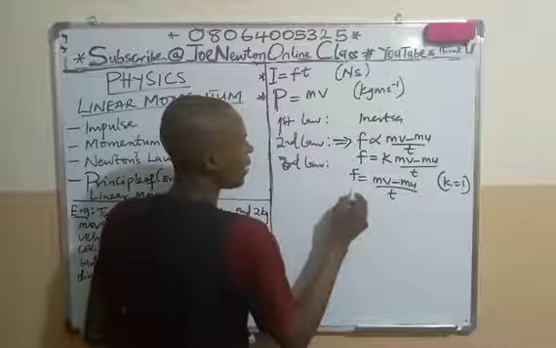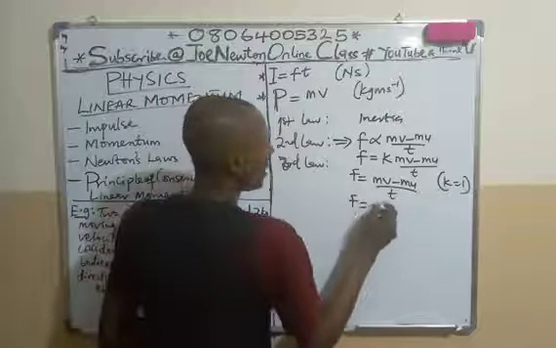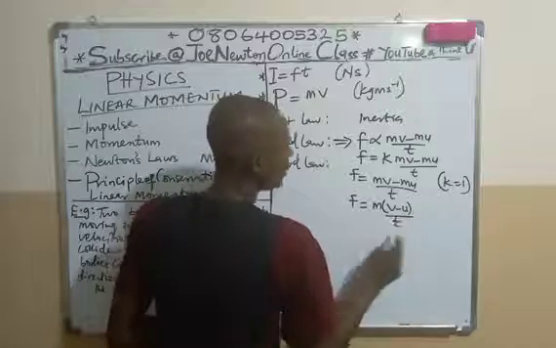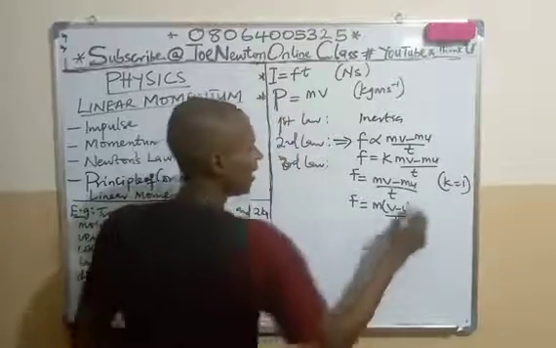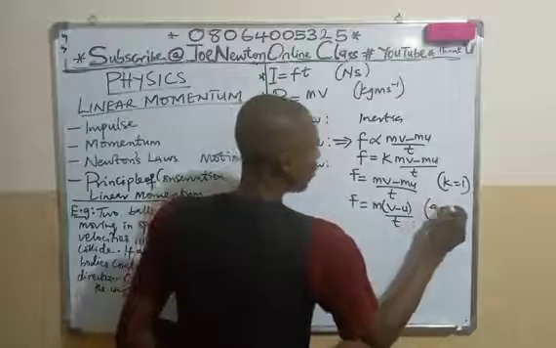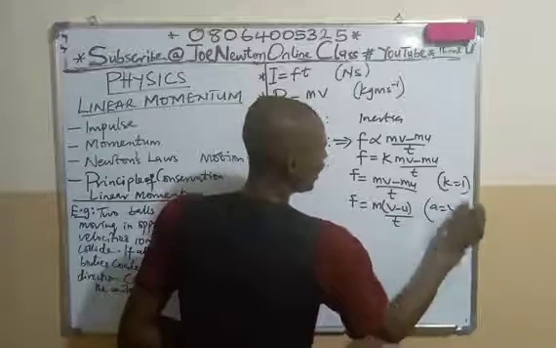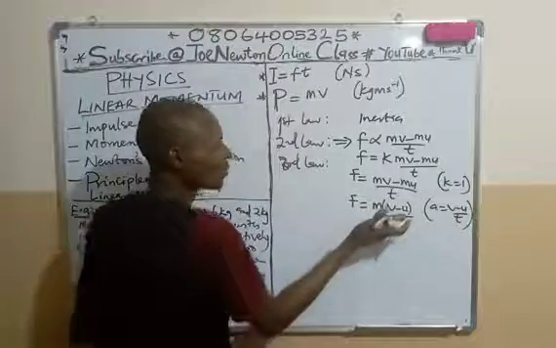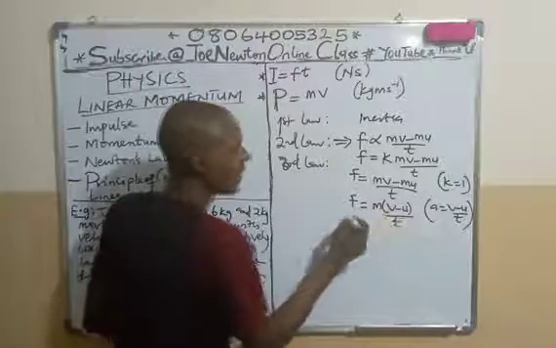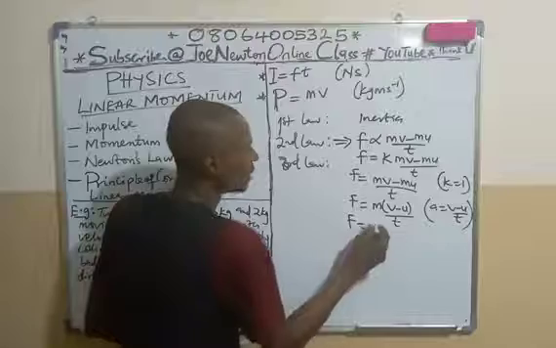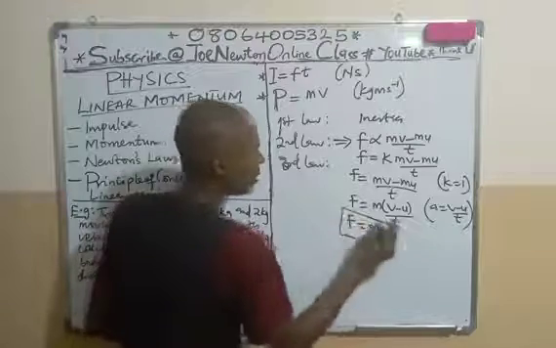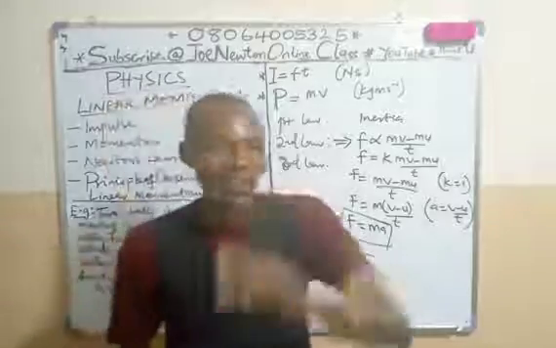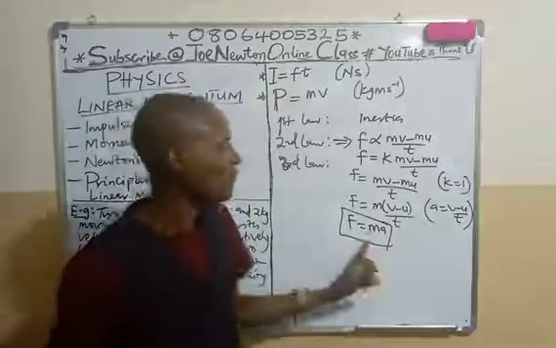So from here, F equals m(v minus u) all over t. Now recall that a equals (v minus u) over t, where a is the acceleration of a body. So when we substitute a here, we have that F equals ma. And this is the formula for force from the second law.